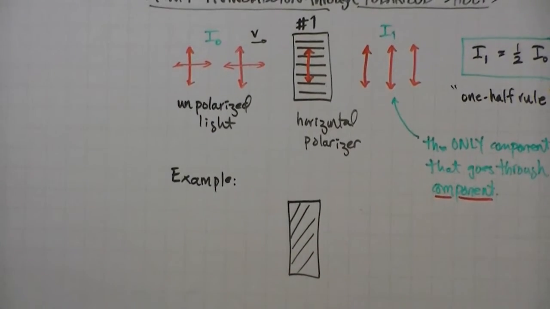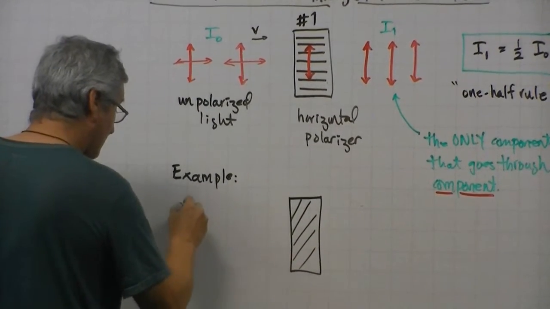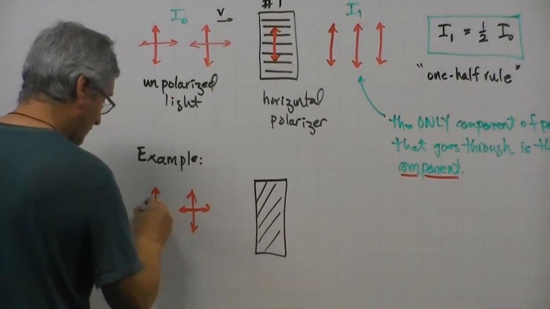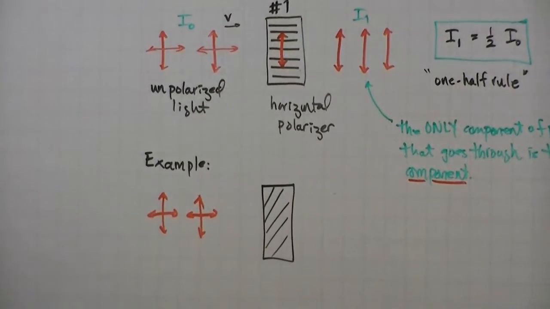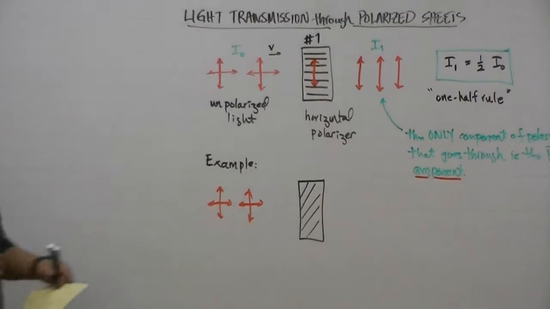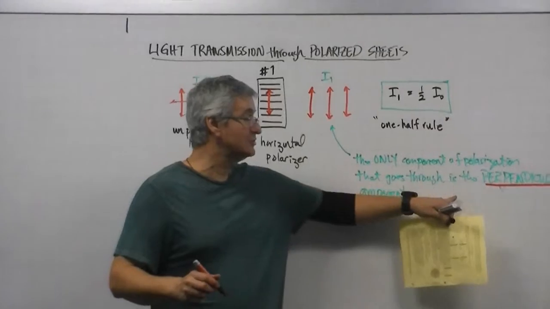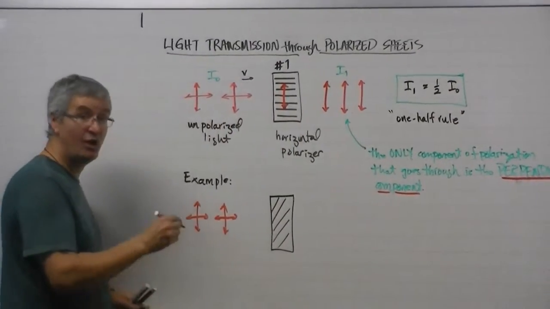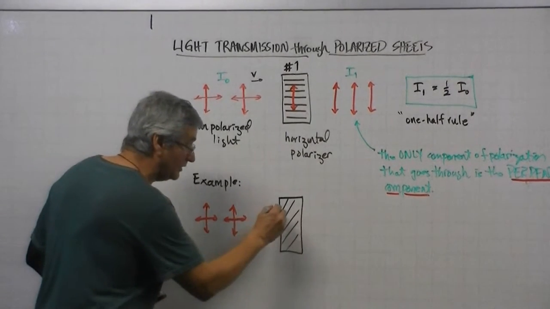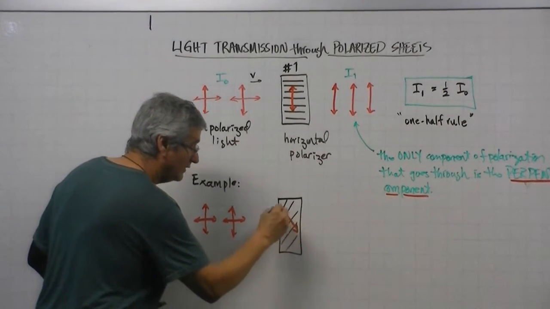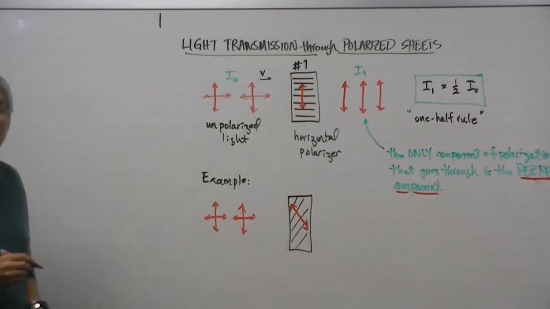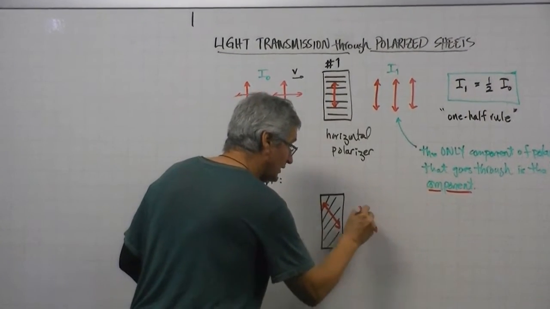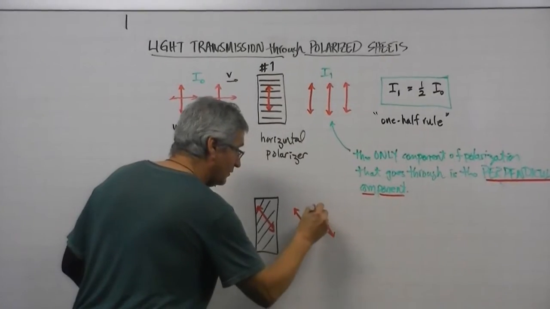If I have light that's unpolarized coming in, the only component that survives is the perpendicular component. So that means the only component that's going to get through here is the one that's perpendicular to the polarization axis here. So when the light comes through, it's at this angle here.